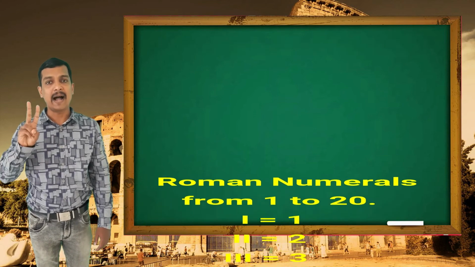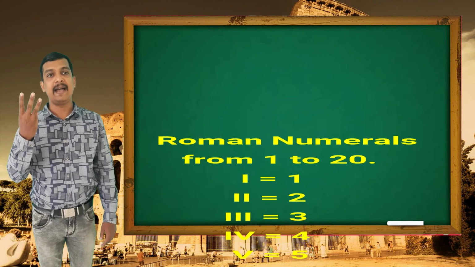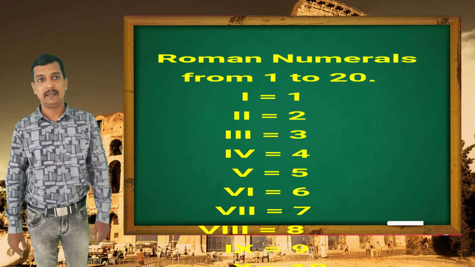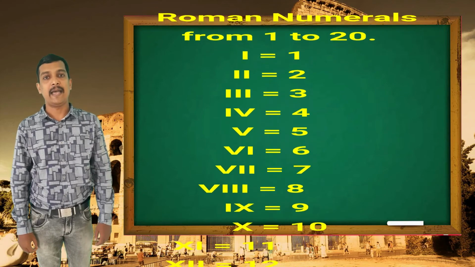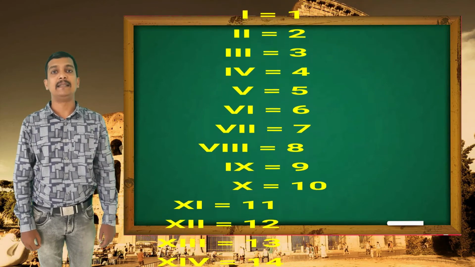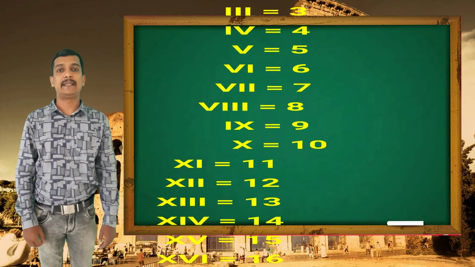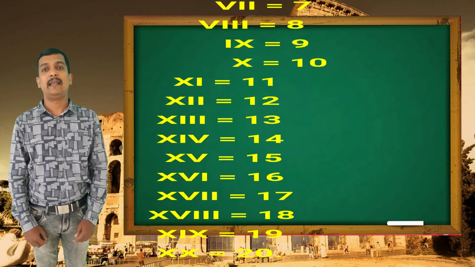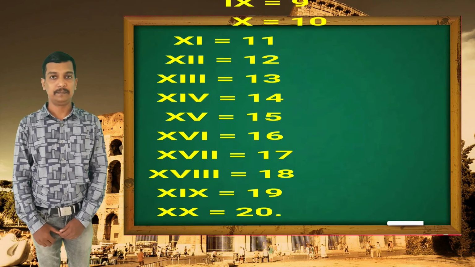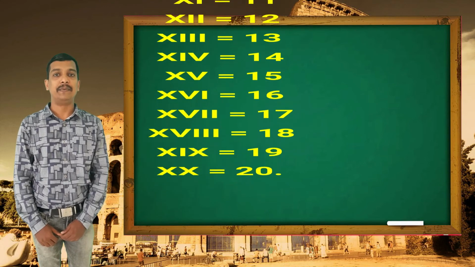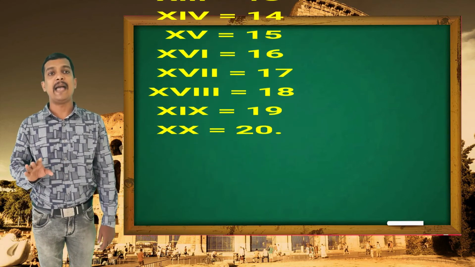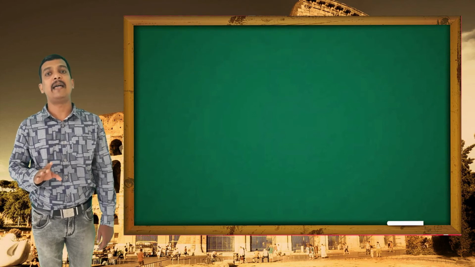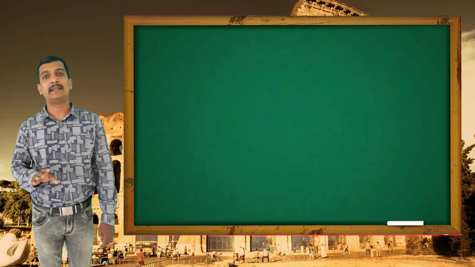I for 1, II for 2, triple I, III, it's 3, IV is 4, V 5, VI is 6, VII 7, VIII is 8, IX is 9, X 10, XI 11, XII 12, XIII 13, XIV 14, XV 15, XVI 16, XVII 17, XVIII 18, XIX 19, double X, XX is 20.